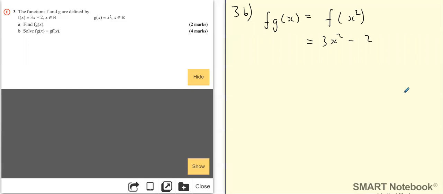Did you get the same thing there? And then we're going to look at gf of x. And so that's the same as saying g of 3x minus 2, which is the same as saying 3x minus 2 all squared.